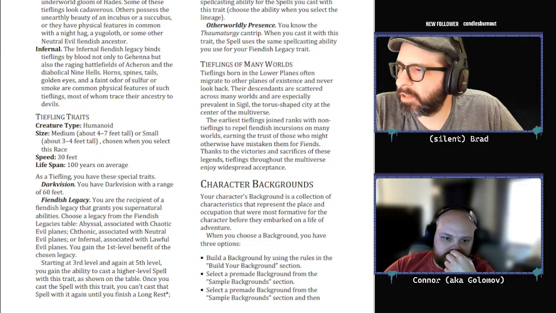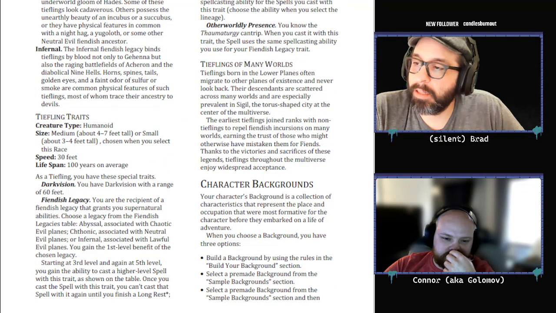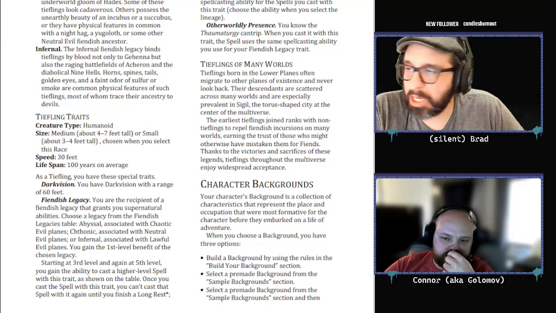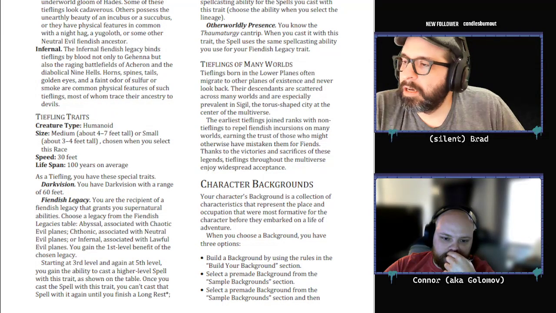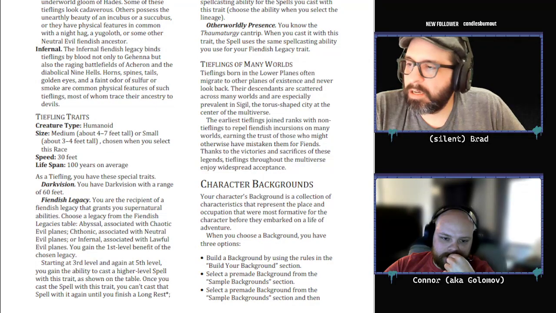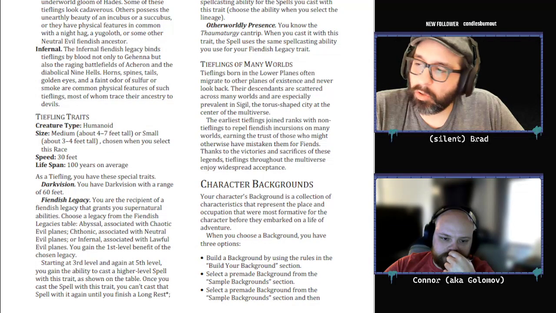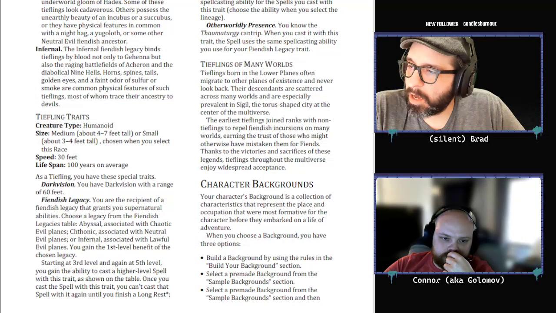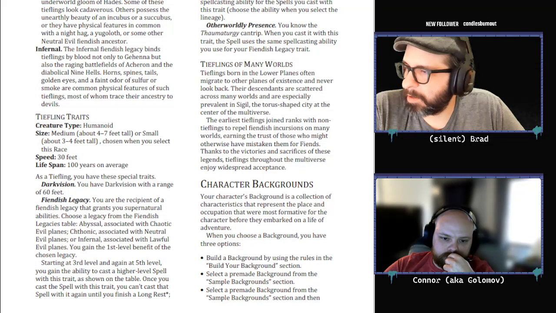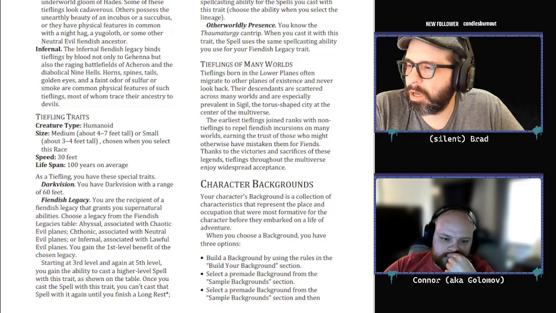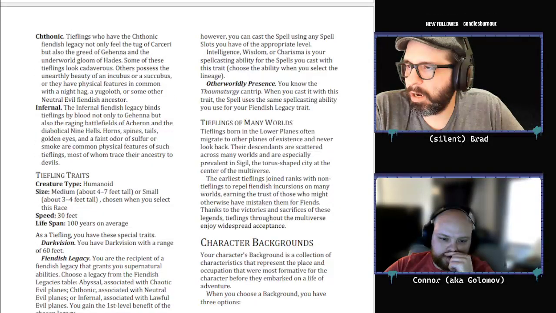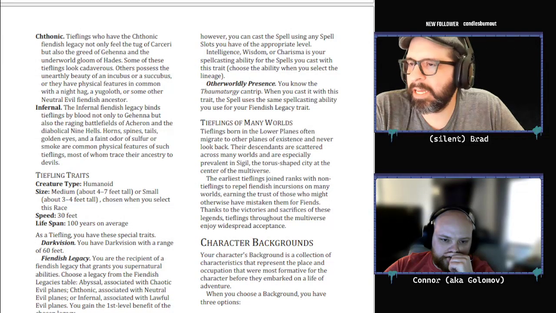Then we've got the traits: humanoid, these ones like humans, medium or small. 30-foot movement, 100 years on average, so a little longer than a human. Darkvision's coming back. Fiendish Legacy is where they choose abyssal, chthonic, or infernal, and their spellcasting ability is Charisma again.